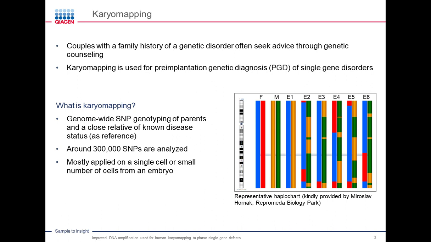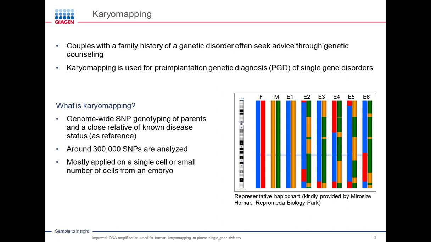So with karyomapping, we do genome-wide SNP analysis of the parents and a close relative. Typically, we're analyzing anywhere from 300,000 or more SNPs, and this mostly applies to a very limited number of cells, which means that we need to have enough DNA to use these methods.